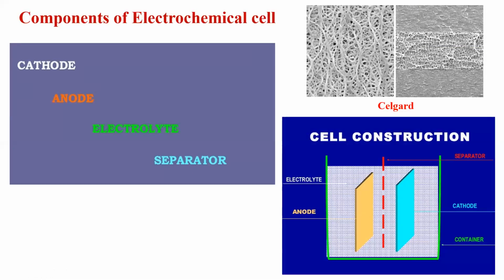Electrolyte, anode and cathode will be there, and in between the separator will be there. The separator separates the two electrodes to avoid the short circuit. When the electrons transfer from the anode to the cathode, the ions move through the electrolyte. So this is the function and operation of the components present in the battery.